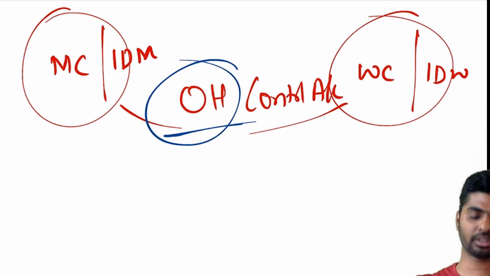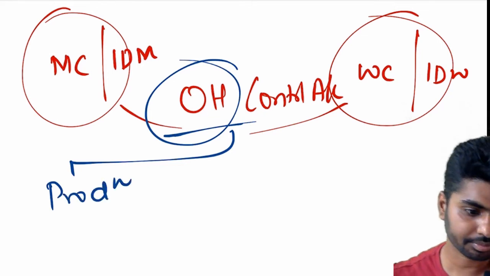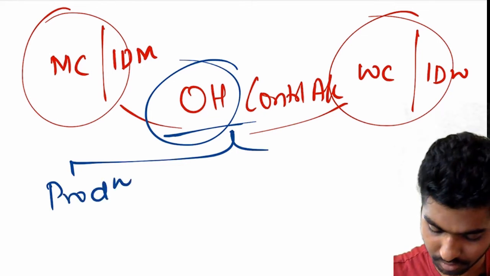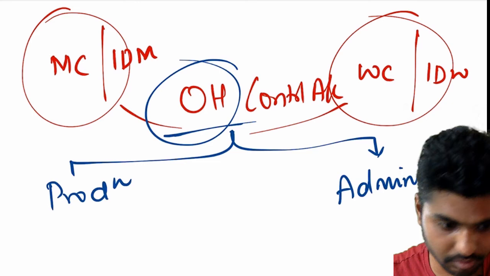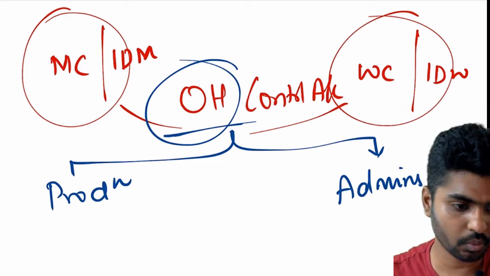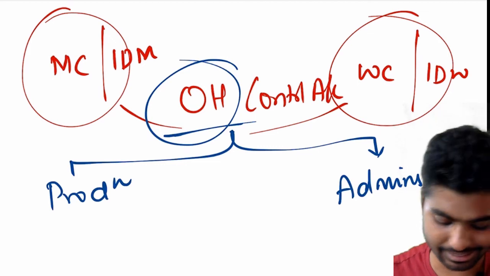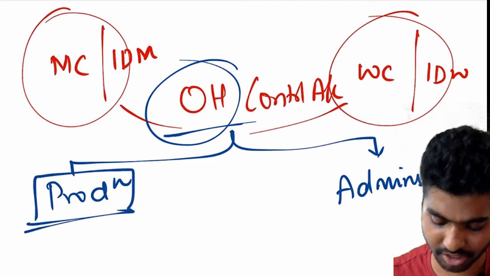According to the functions, we divide overheads into production or administration department. Now, when I say electricity used for production, this is my production.